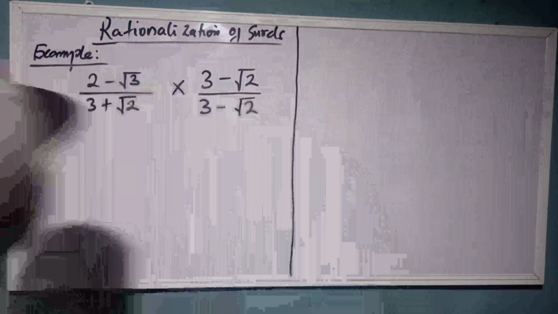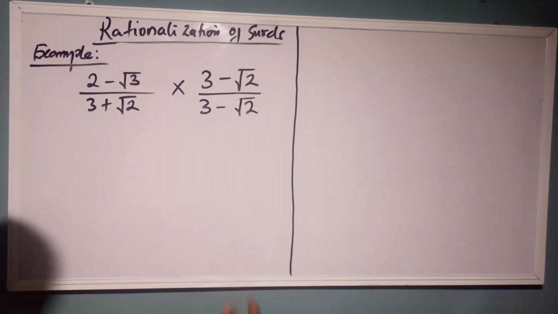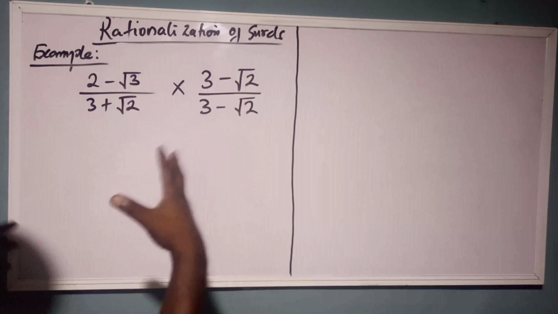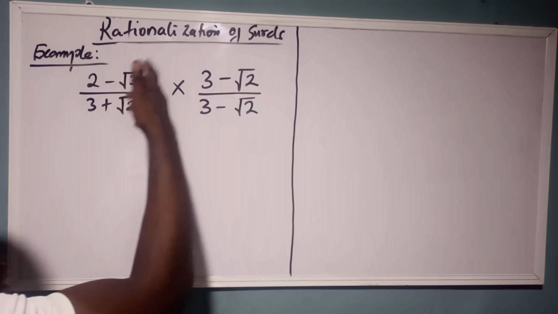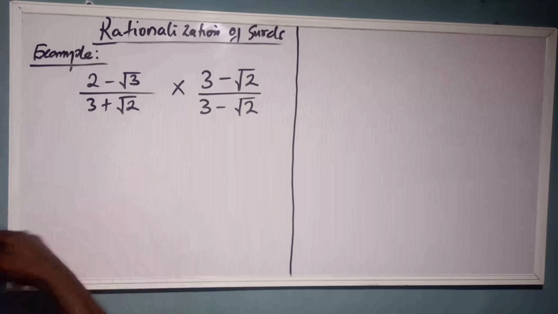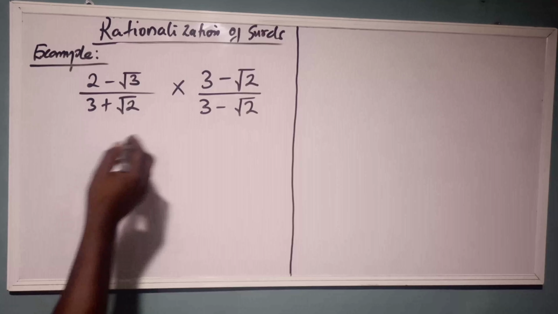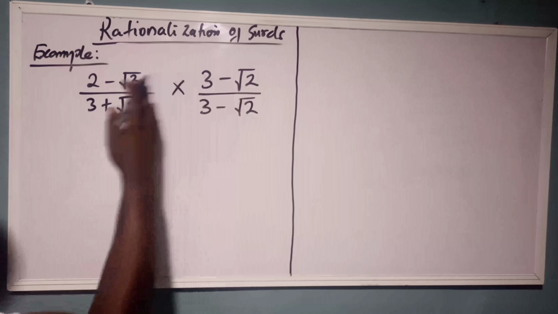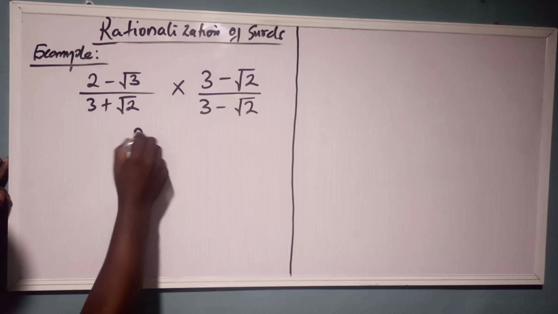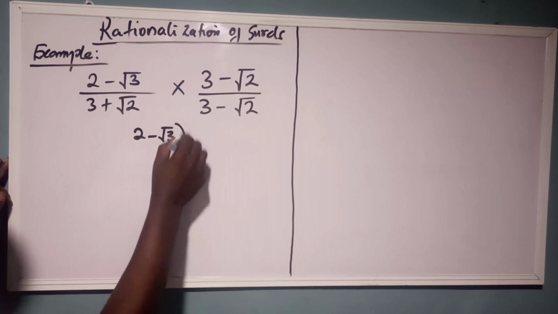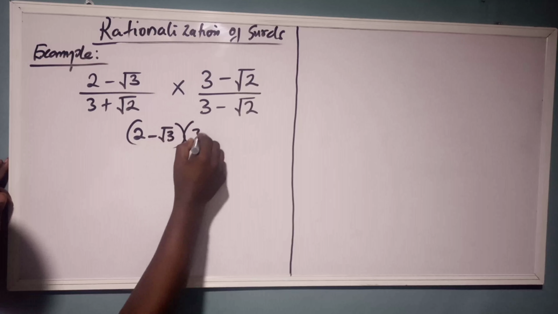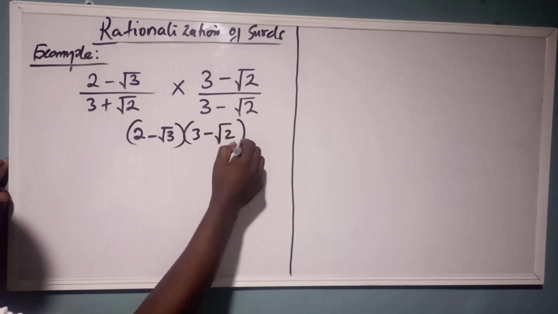Now let's work it out using surds. Now in surds, you expand or multiply them number by number and surd by surd, right? Okay, so let's take the numerators first. If I want to multiply, I can bring them together if I wish, this way. So since it's multiplication, I'll have it this way, right?